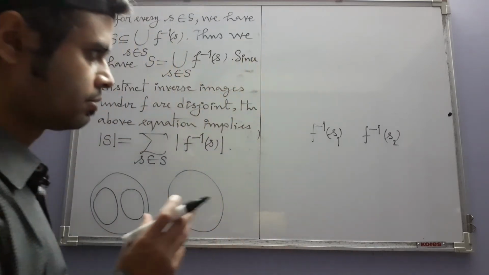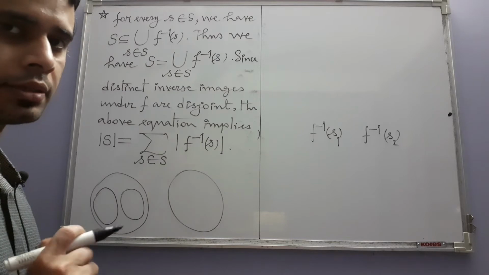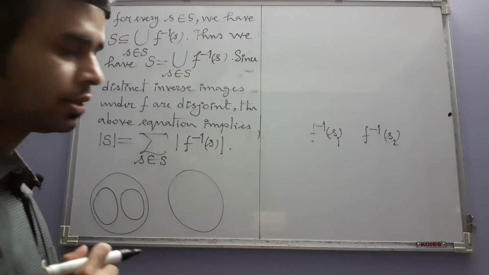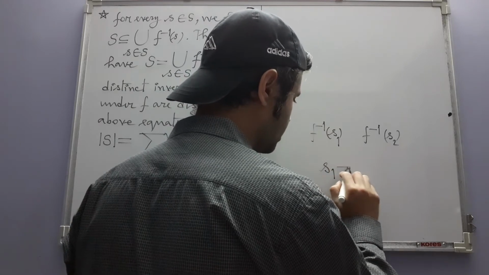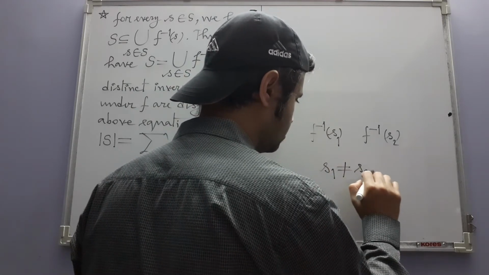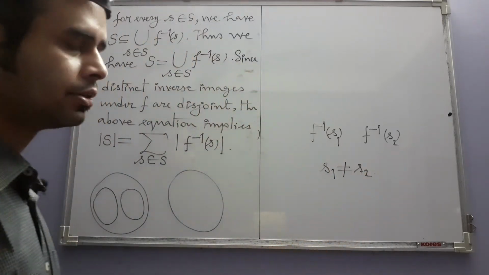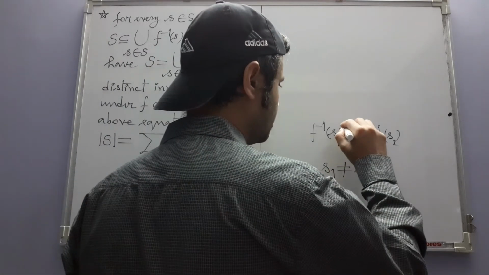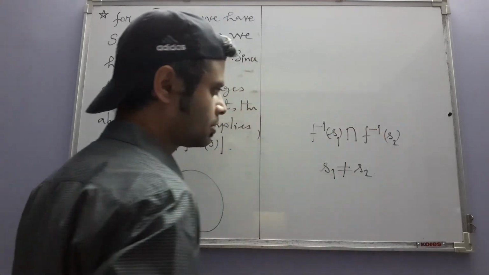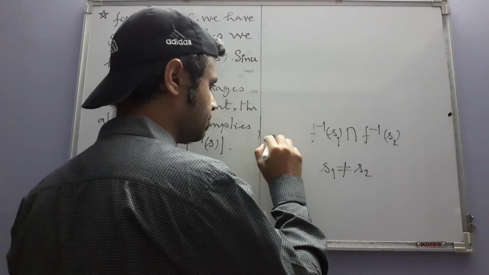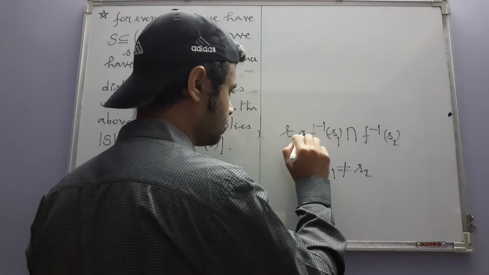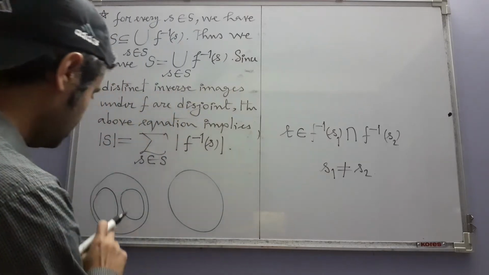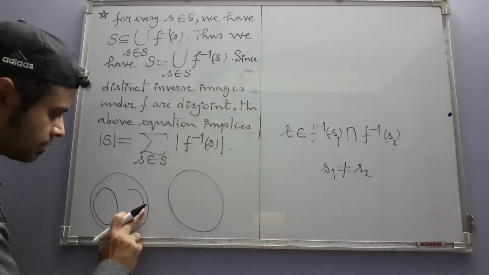To express the fact that these inverse images are distinct, you have to take s1 not equal to s2, because otherwise they are the same thing. But now you assume that there is something in common, T, that there is in fact an intersection like this.